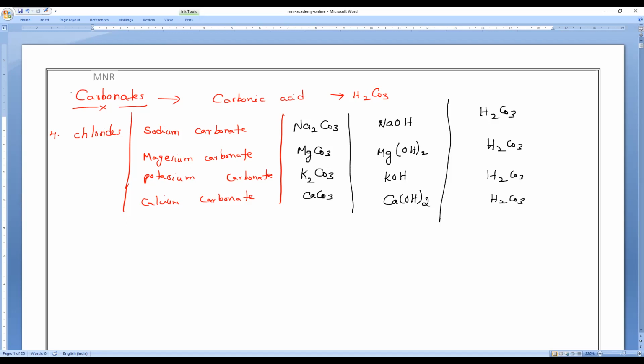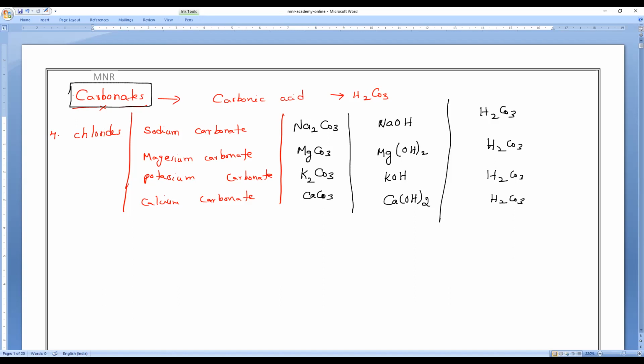So this is the fourth type of family of salts based upon the acids. First is the chloride family, next is the nitrate family, third is the sulfate family, and this is the carbonate family. Anybody having any example, you can answer.